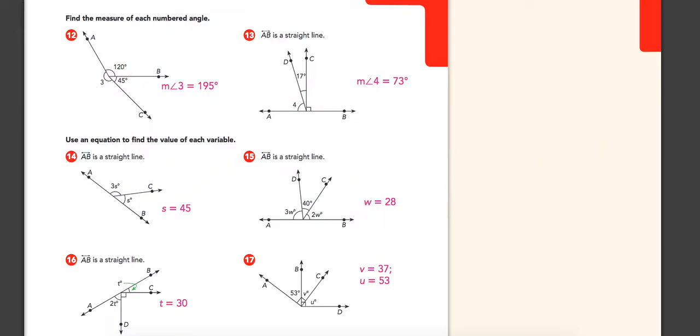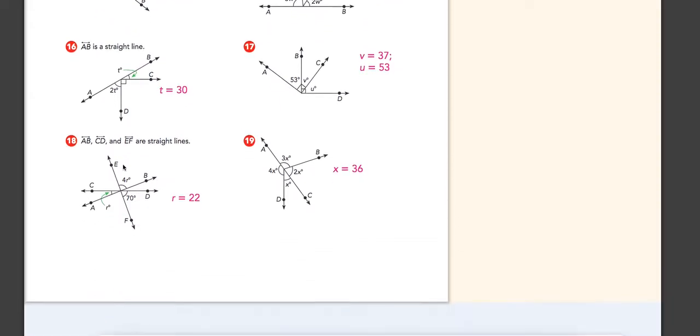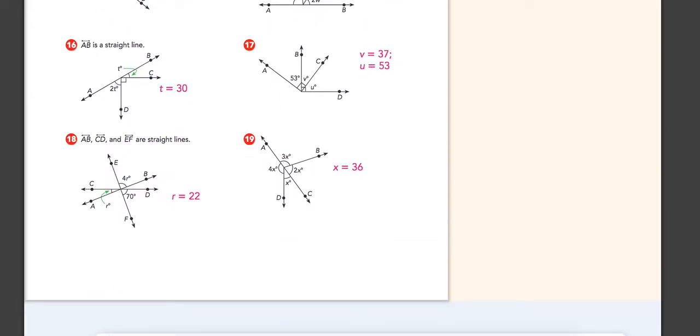Number 16. So for number 16, I know that these three angles here, see that I have a straight line there, this angle plus the 90-degree angle plus this T have to equal 180.